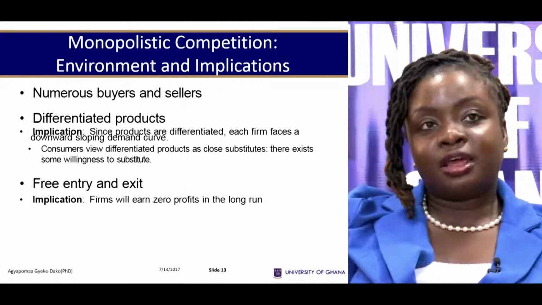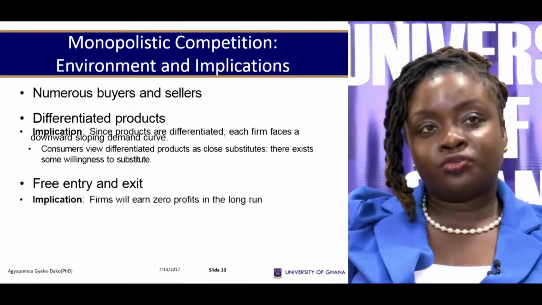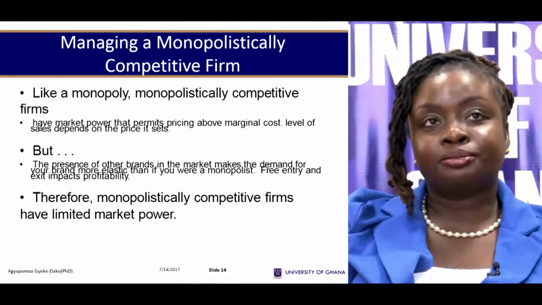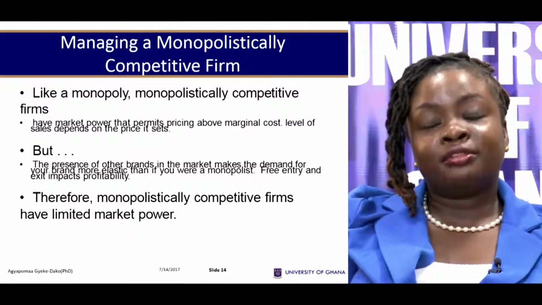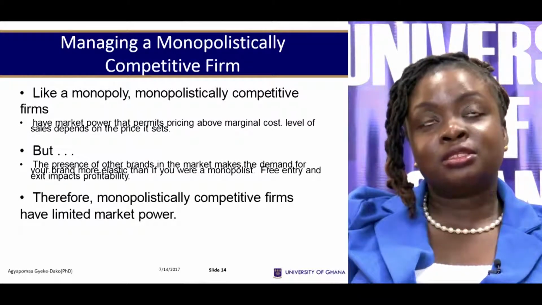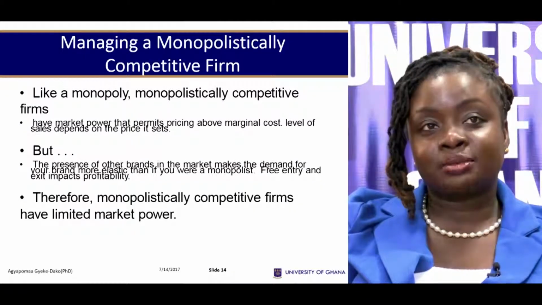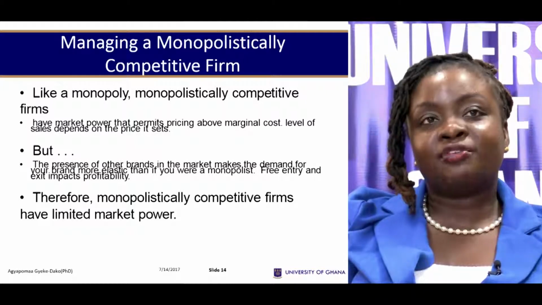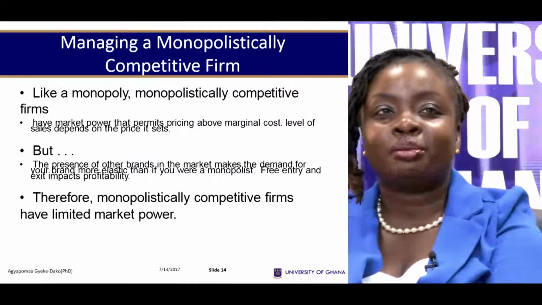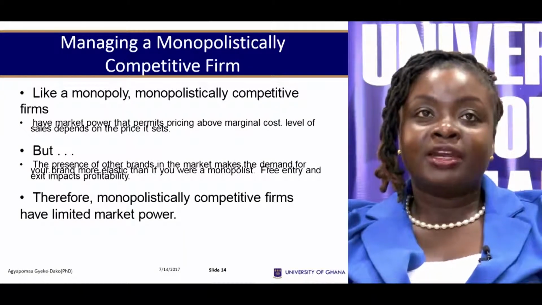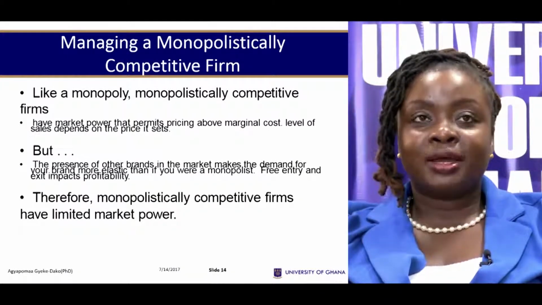Another thing is that there's free entry and exit, so firms can enter at any time and leave at any time. Now, remember that since the products are substitutes but not perfect substitutes, firms will still have some degree of control over the price of the product. So just like monopoly, they are going to have a downward sloping demand curve.